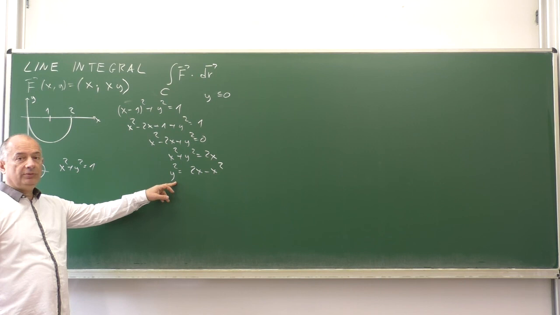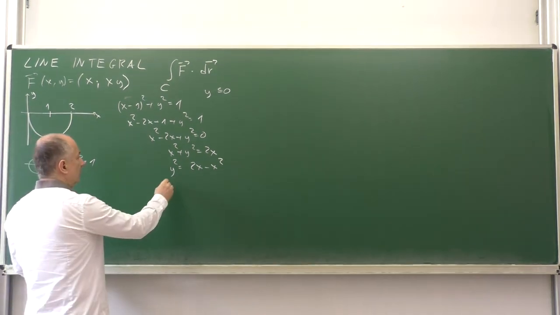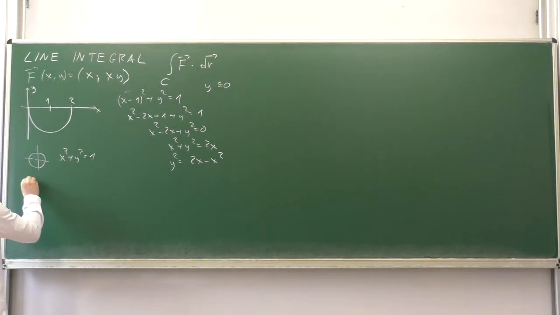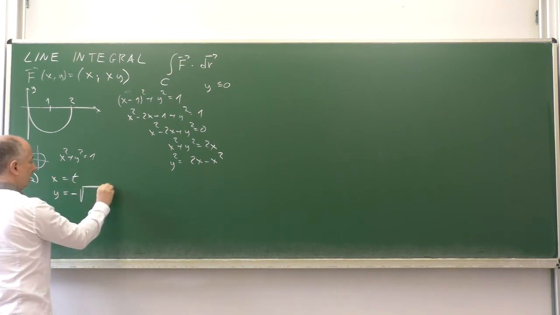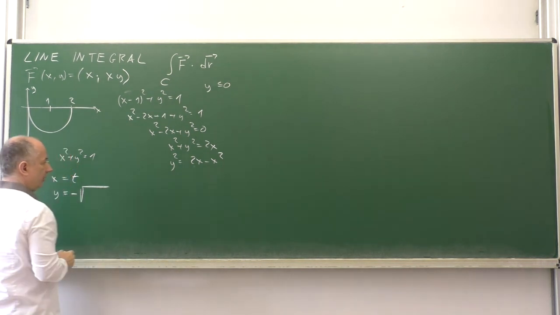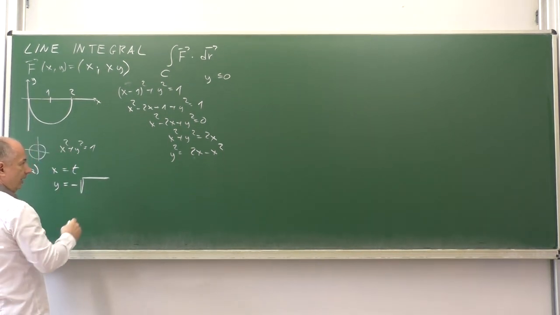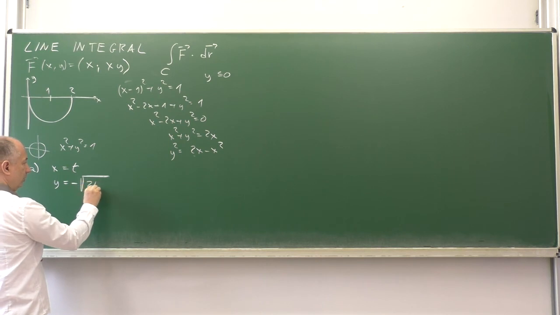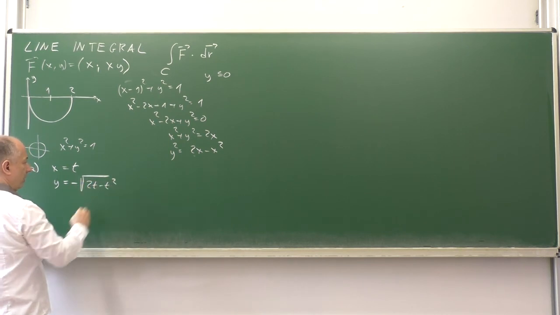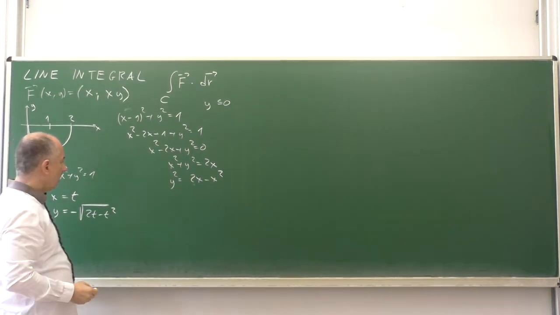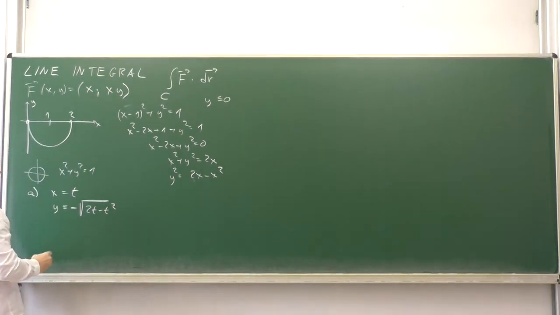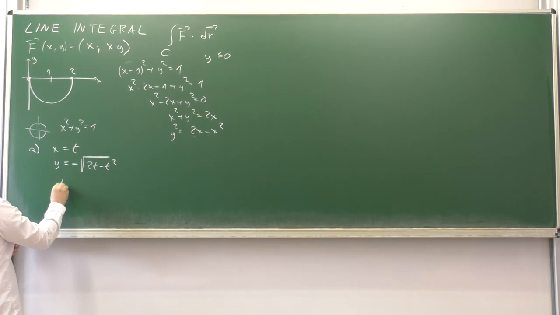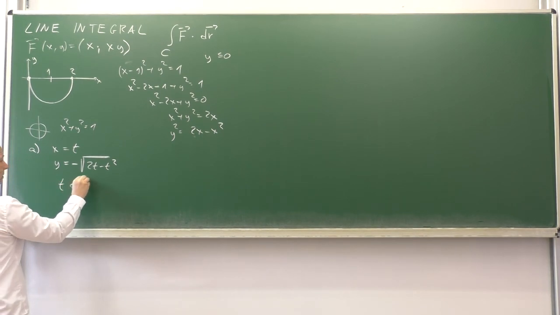And we can solve for y to get the first possible parametrization. x is t and y is minus square root of, and we replace x with t, 2t minus t squared. t is x, so x runs from 0 to 2, or t runs from 0 to 2.